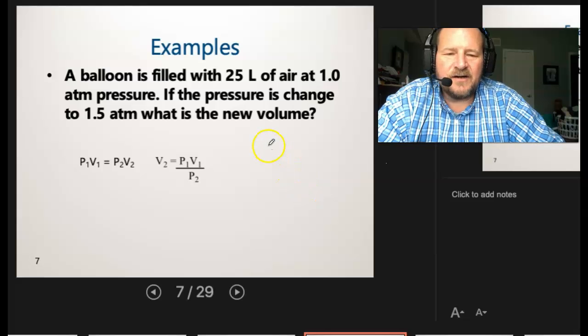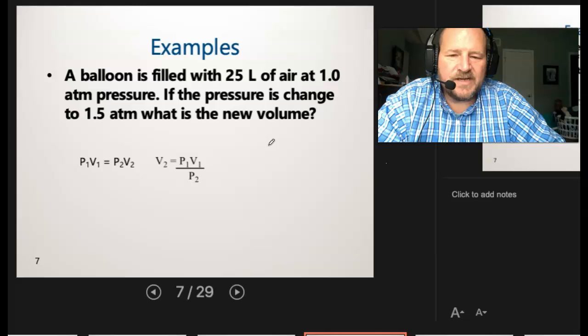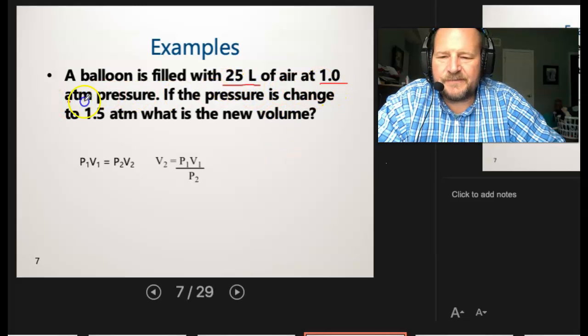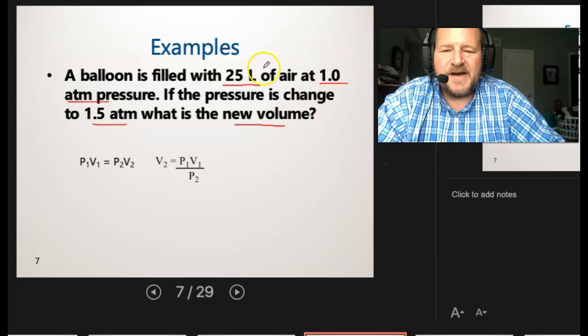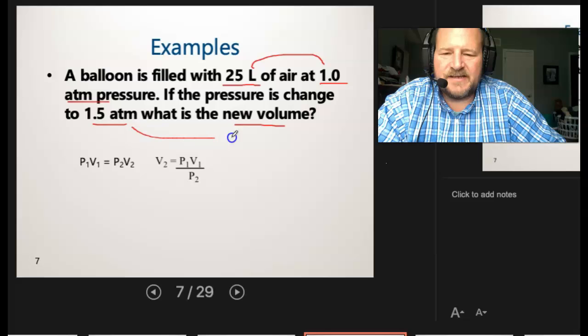Now it doesn't matter which one I set as 1 and which one I set as 2. What does matter is that I link this volume with this pressure and this pressure with the new volume that I'm looking for. So whether I look for V1 or V2 doesn't really matter. What does matter is that these two stay linked and these two stay linked.